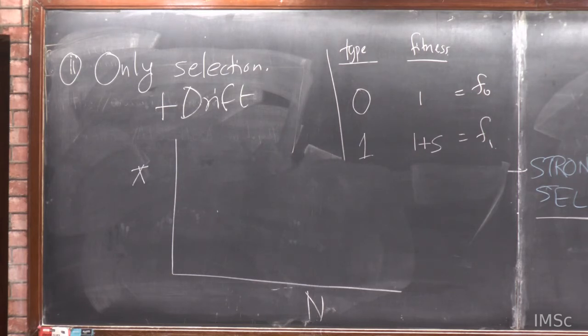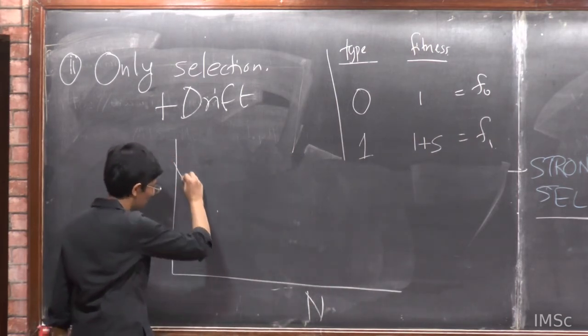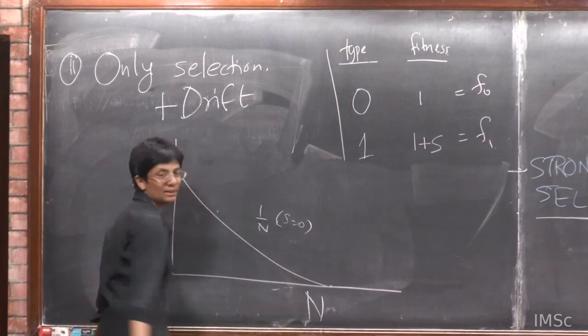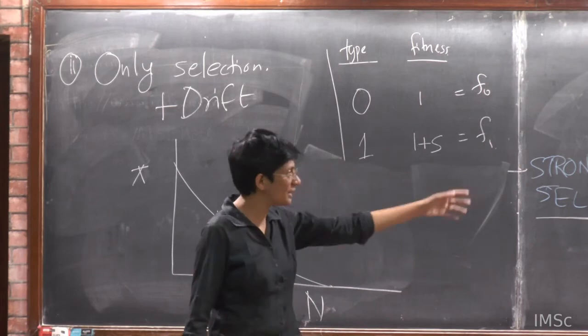How much is pi for s equal to 0? No, 1 by n. Okay, so I will do the job. This is 1 by n for s equal to 0. s positive, s negative. Answers are all there, no?